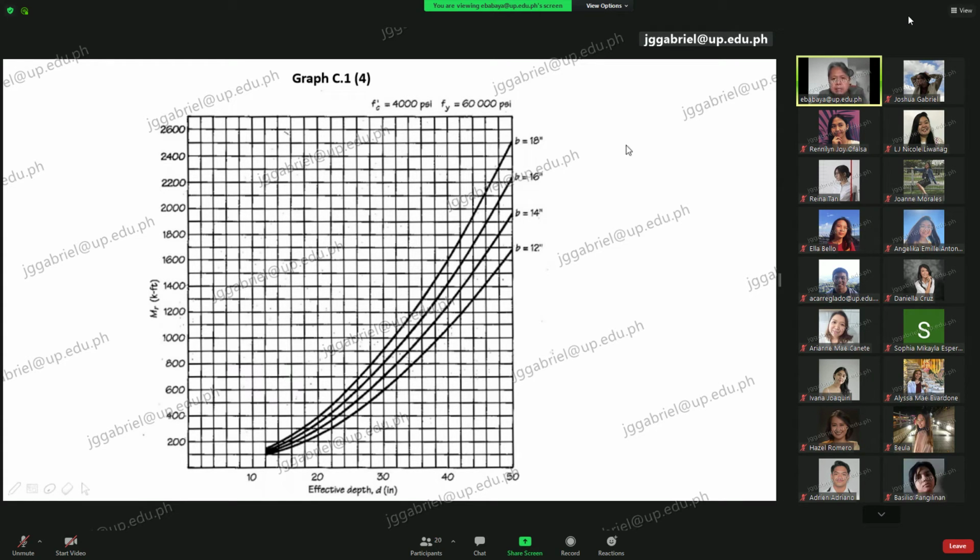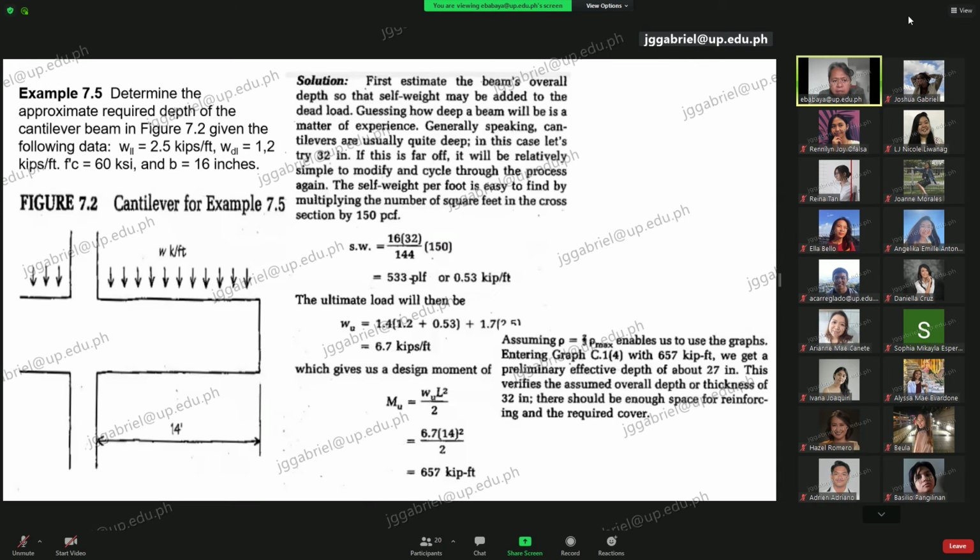Okay, let us first explain yung graph. You have graphs here with certain depths of the beam and with the effective depth, okay, given the moment that is acting on your beam, this will be the graphs. No? But in our problem, we have our b as 16 inches.